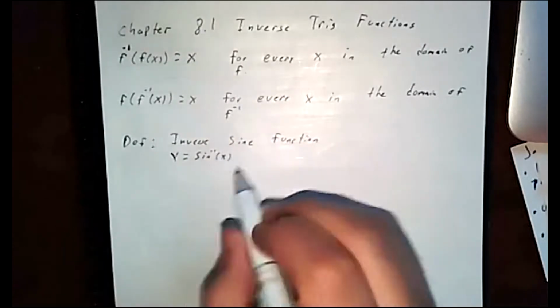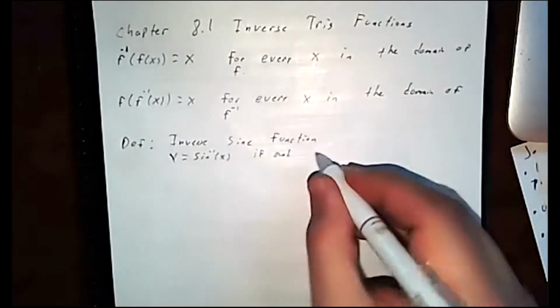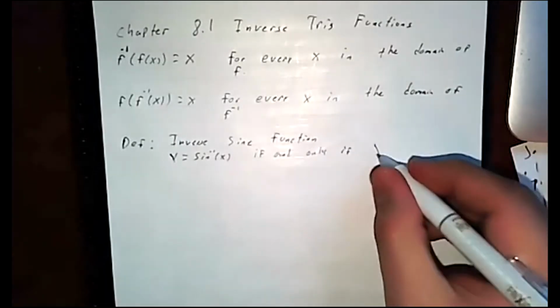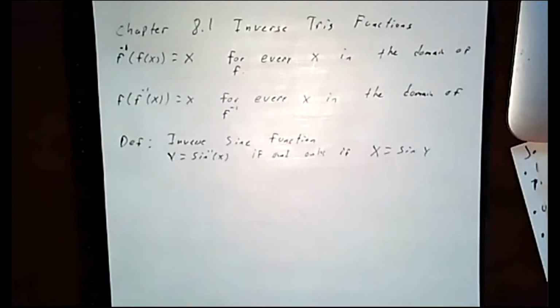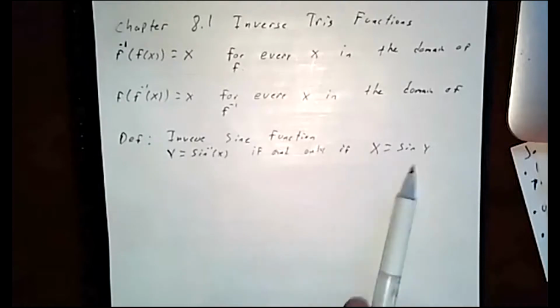So y is equal to sine inverse of x if and only if x is equal to sine y. So that's the definition. So you can change back and forth. So if you have the inverse, you can change to this.